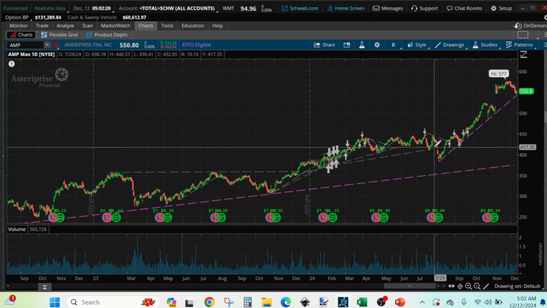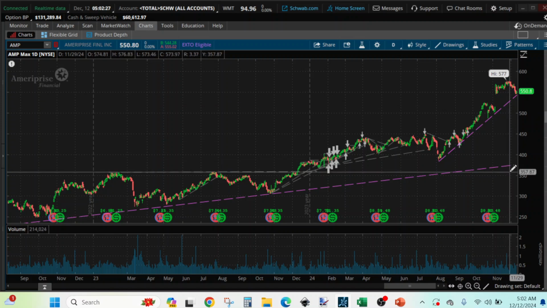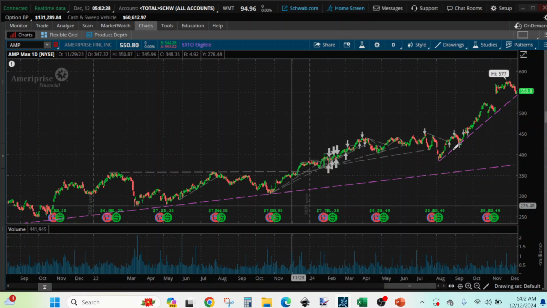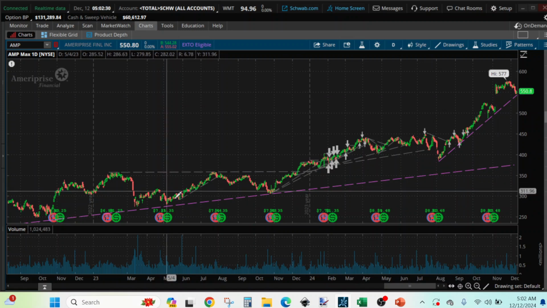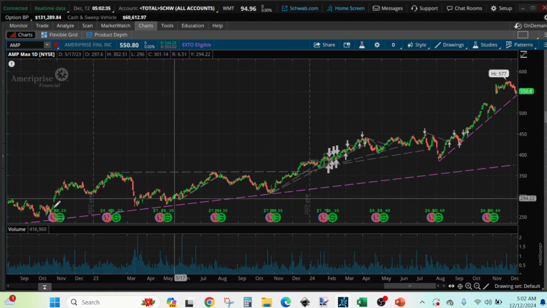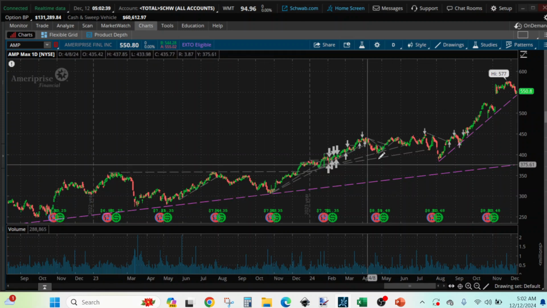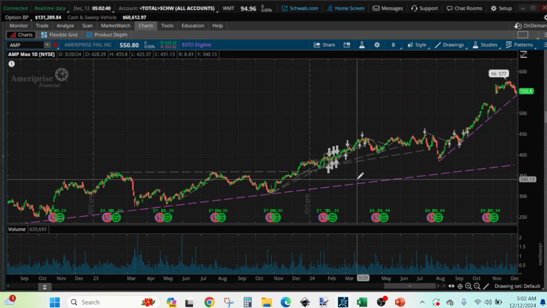I still have that same issue here where it could pull to this line, but at least, you know, these moves away from this line were repeated before. Did you see those? So at least we know that these stocks tend to have that tendency.